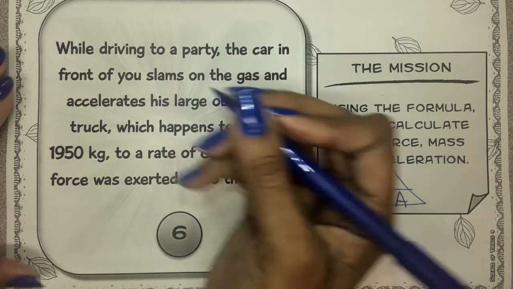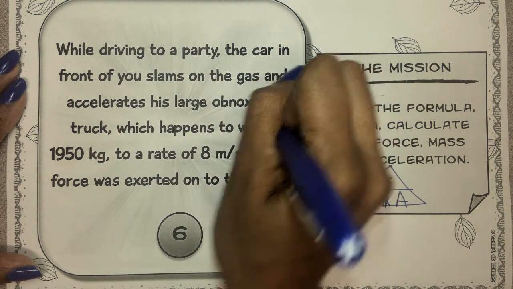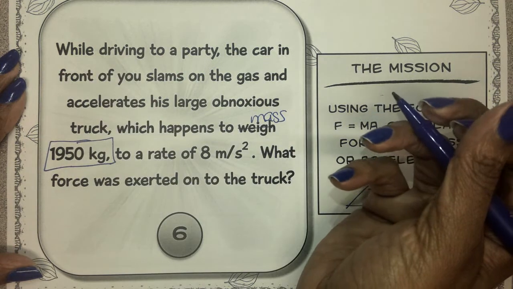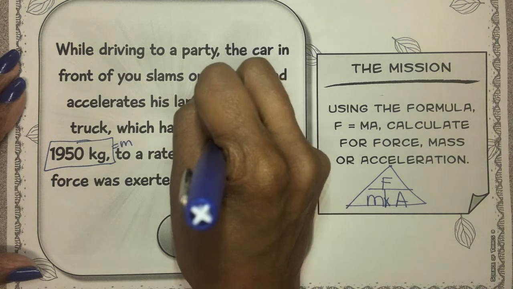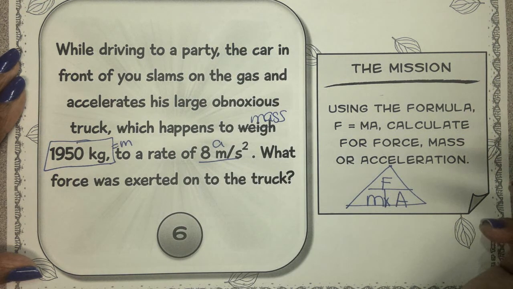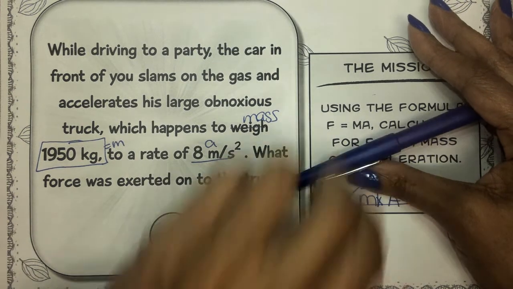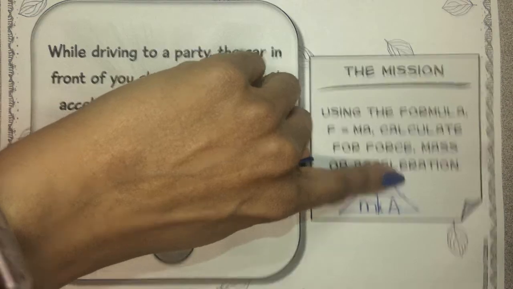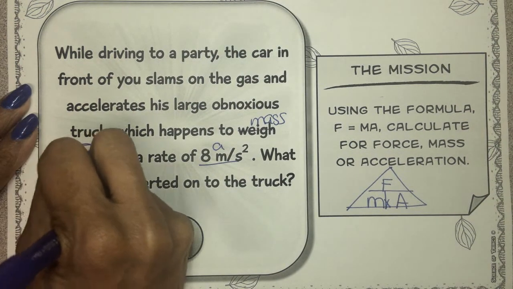They give you the mass, which is 1,950 kilograms, and acceleration is 8 meters per second squared. They're asking you to find the force. Force is mass times acceleration. F equals m times a.